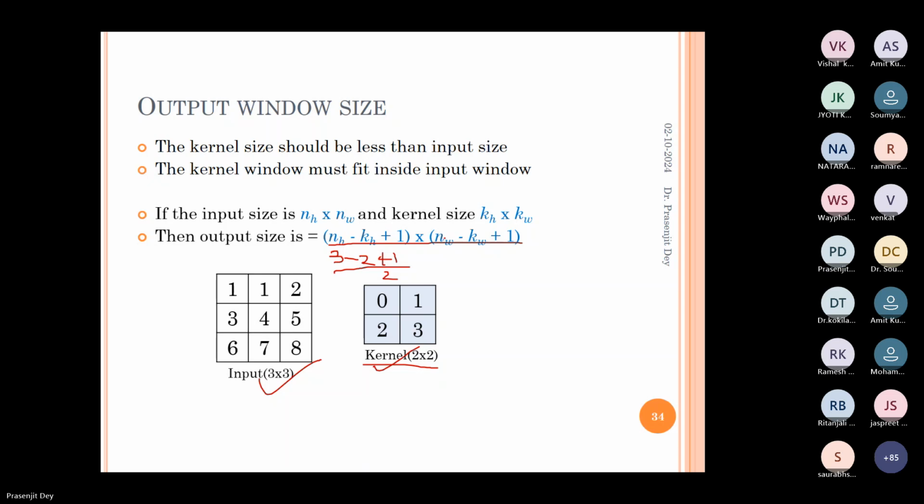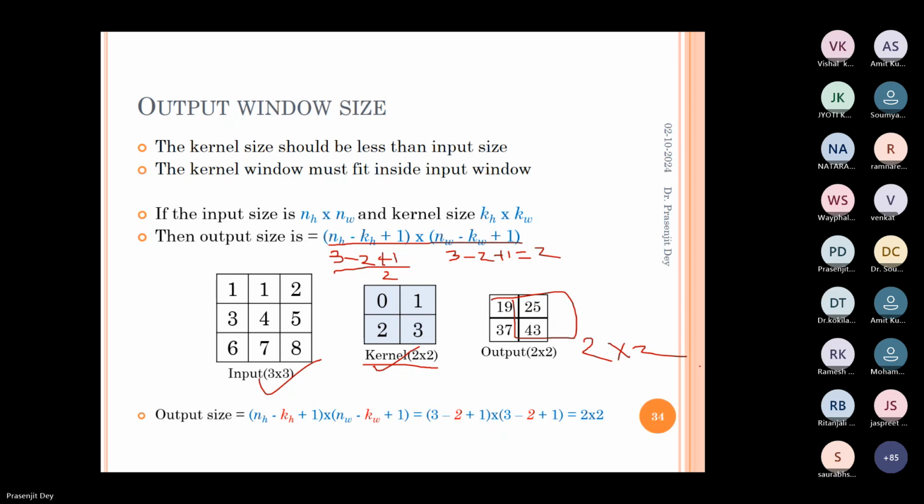Similarly, the width of the input was 3, the width of the kernel was 2, plus 1. It will again be 2. So the output image will be 2x2. That is the formula. Output is 2x2.